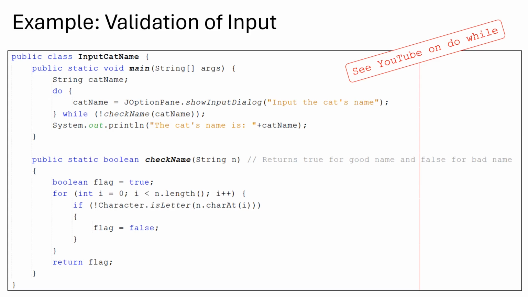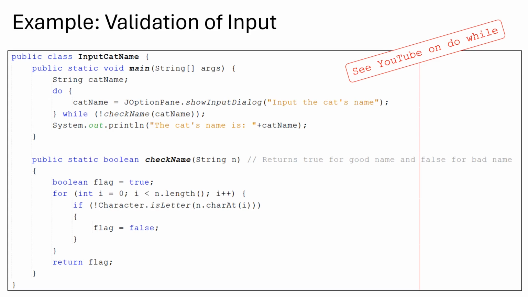To use validation of input, we're inputting a cat's name. So we string cat name, we could do a do while, input the cat's name, and our while condition is while brackets, not check name brackets cat name. We are calling a little method called check name here. It's below the end of the main method.